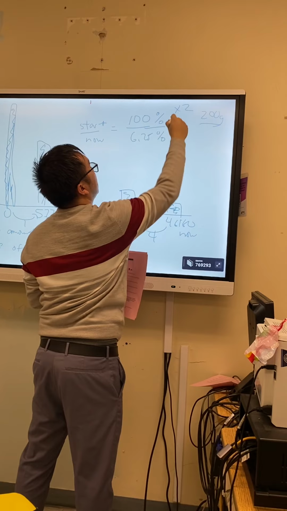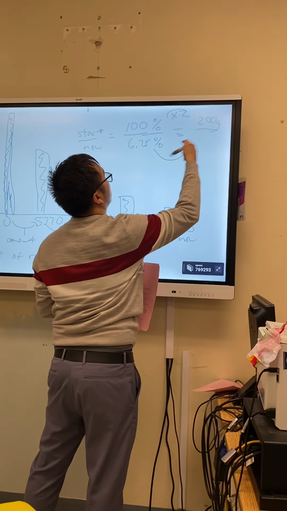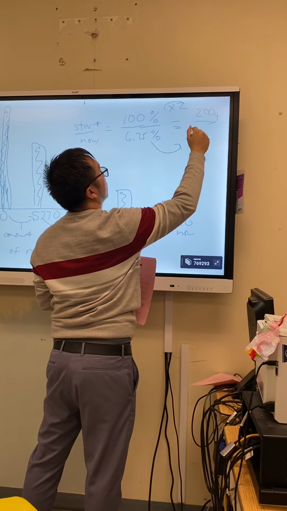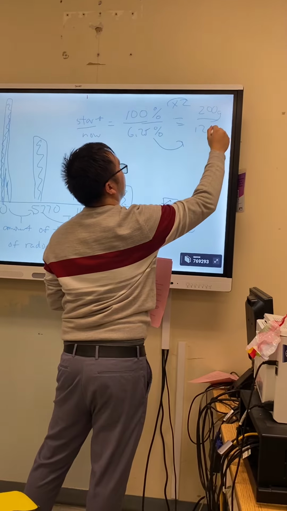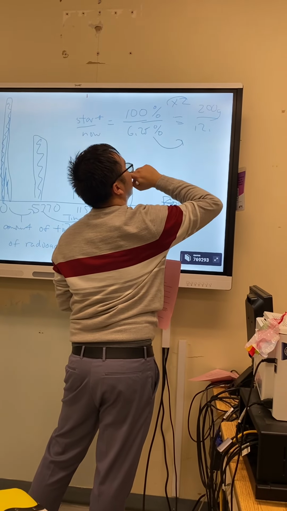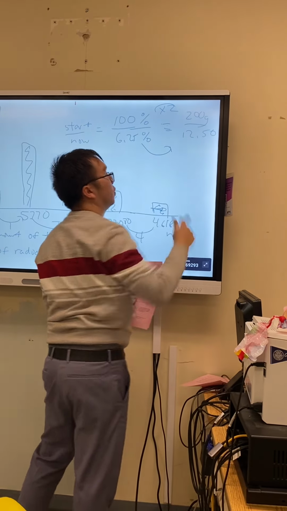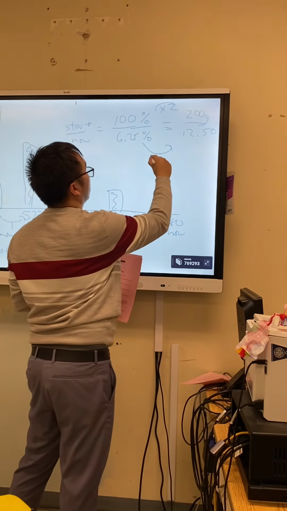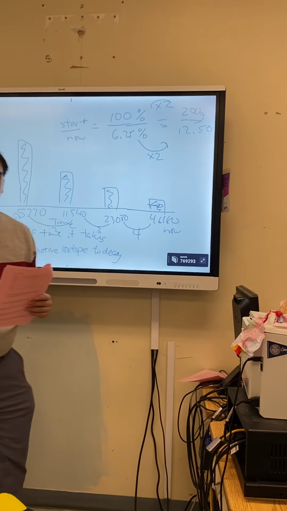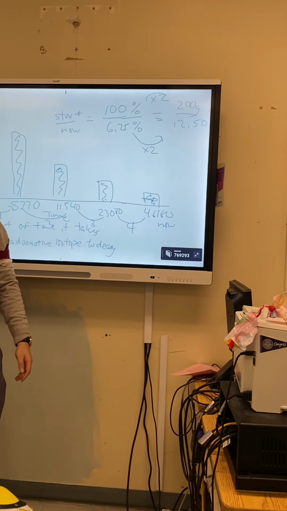So what do you need to do here? Times 2. So what do we get here? 12.5. You have a calculator on the test, but right now, because you're timesing it by 2. Okay. Make sense? So for D, it's 12.5. Make sense? Yeah. Cool. Write that down. Got it?